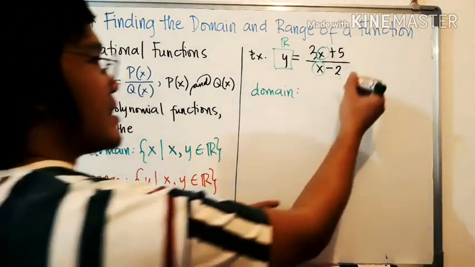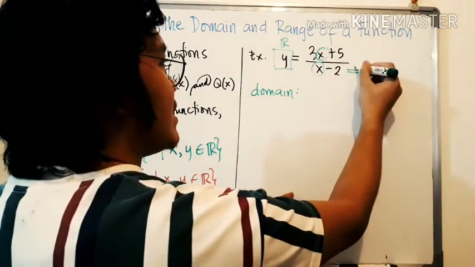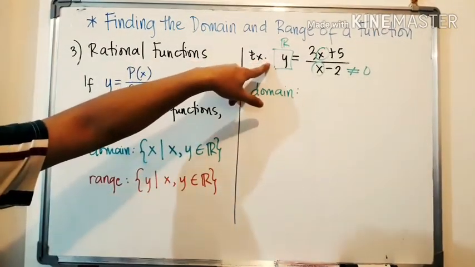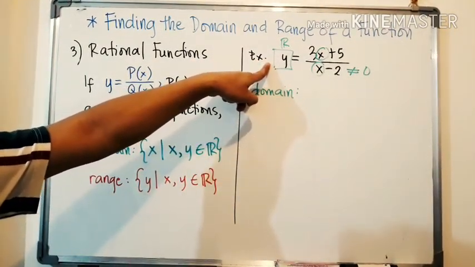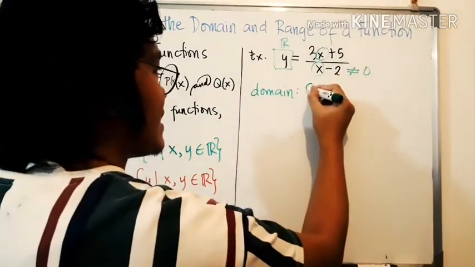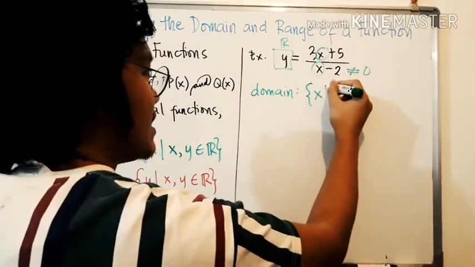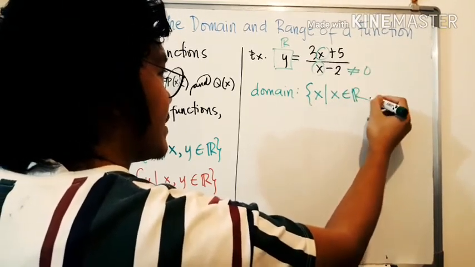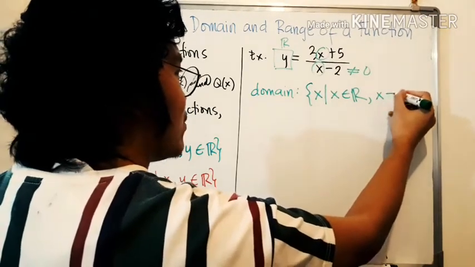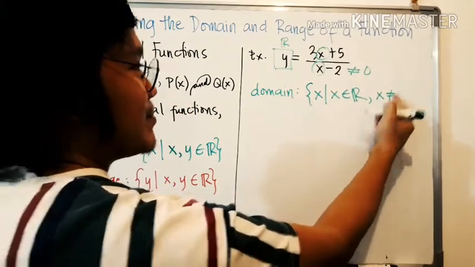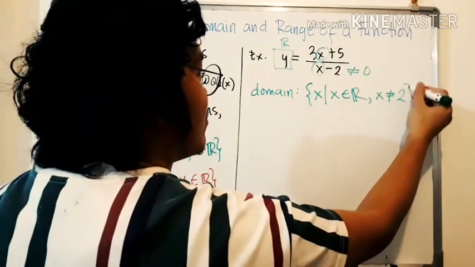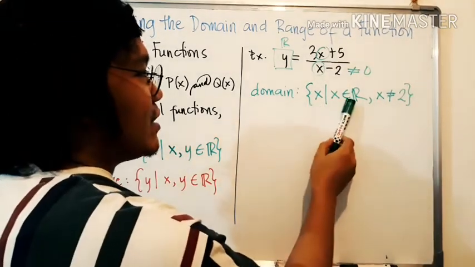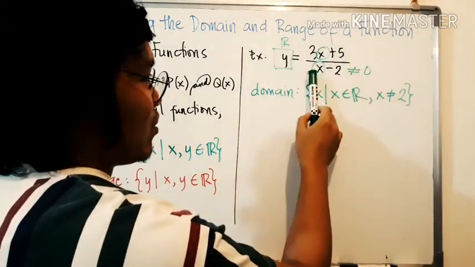Meaning, this x minus 2 should not be equal to 0 para ma-define ang y natin. So, ang domain natin is the set of all x such that x is a real number and x should not be equal to what number? To positive 2.